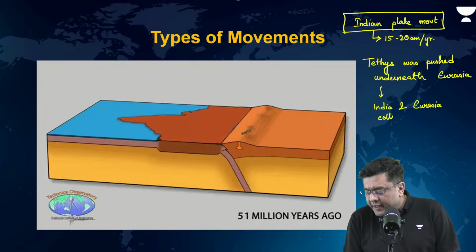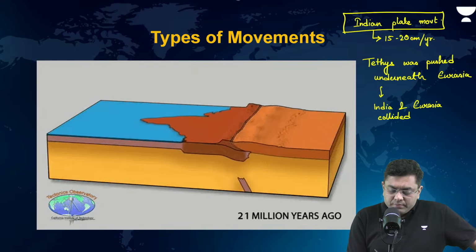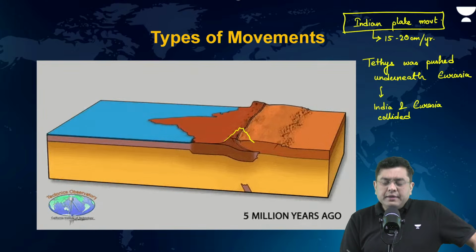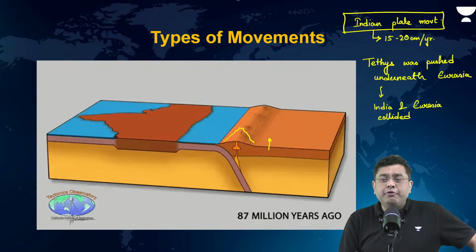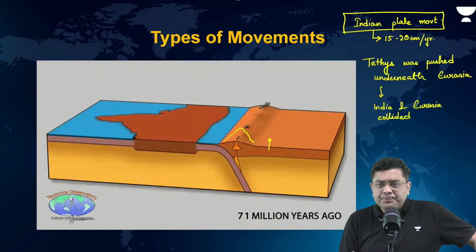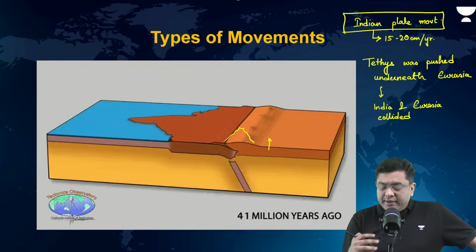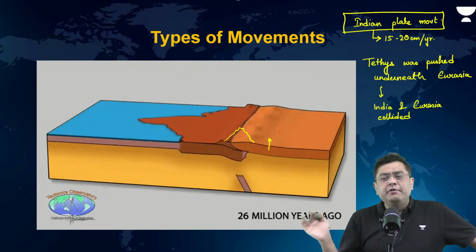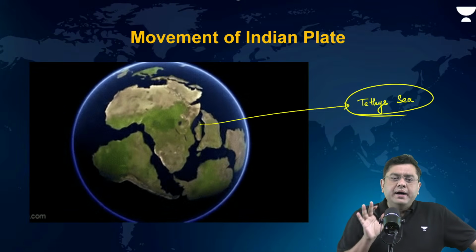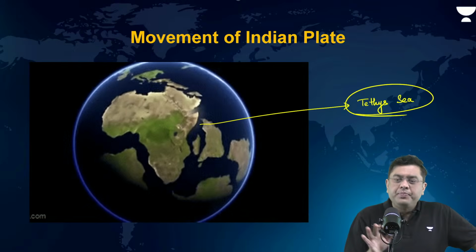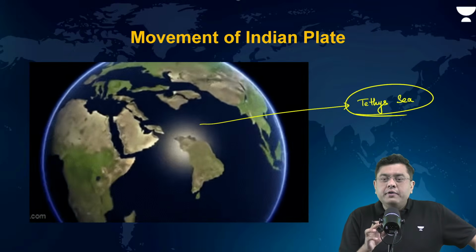And when India and Eurasia collided around 50 million years ago, observe the folding happened, land was pushed up, you had formation of Tibet. Okay. So, like that, you had the entire formation of Himalayas, a simple understanding with the help of the animation. I hope it is easily understood if you observe and visualize this.